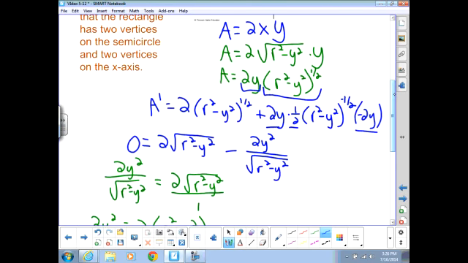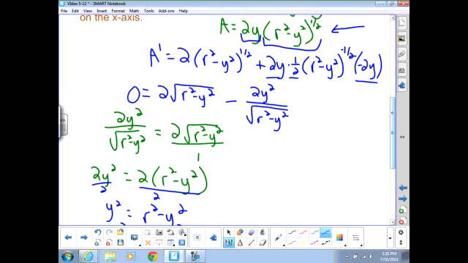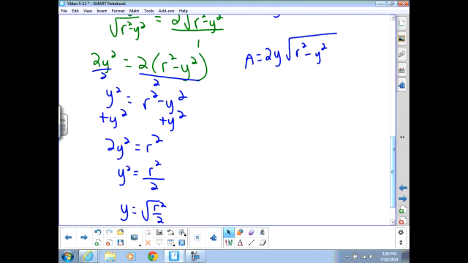So knowing that y is equal to r over square root of 2, let's go back to what we knew our area was here, and we'll bring that down. We knew that the area was equal to 2y square root of r squared minus y squared. Keeping in mind still that our answer is going to be in terms of r. Let's sub in for y.